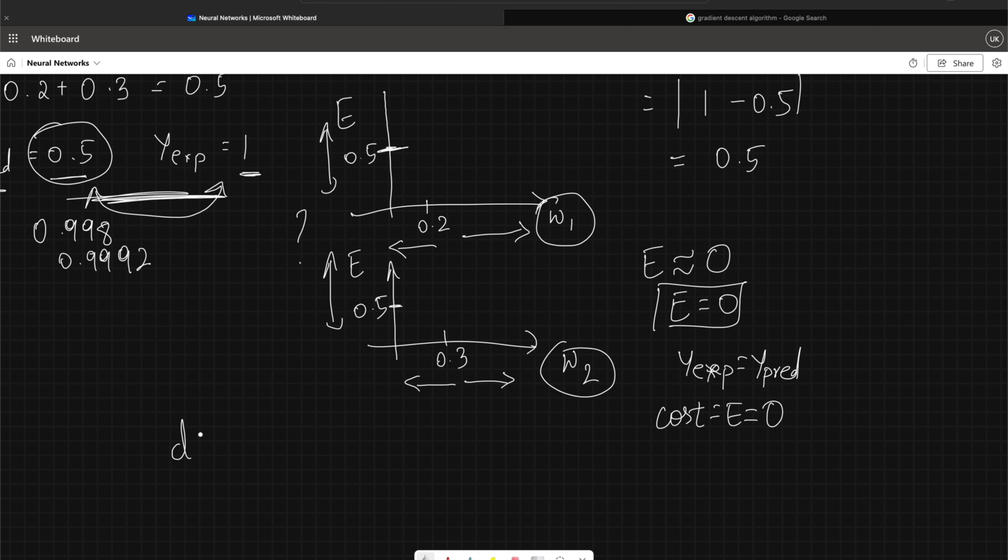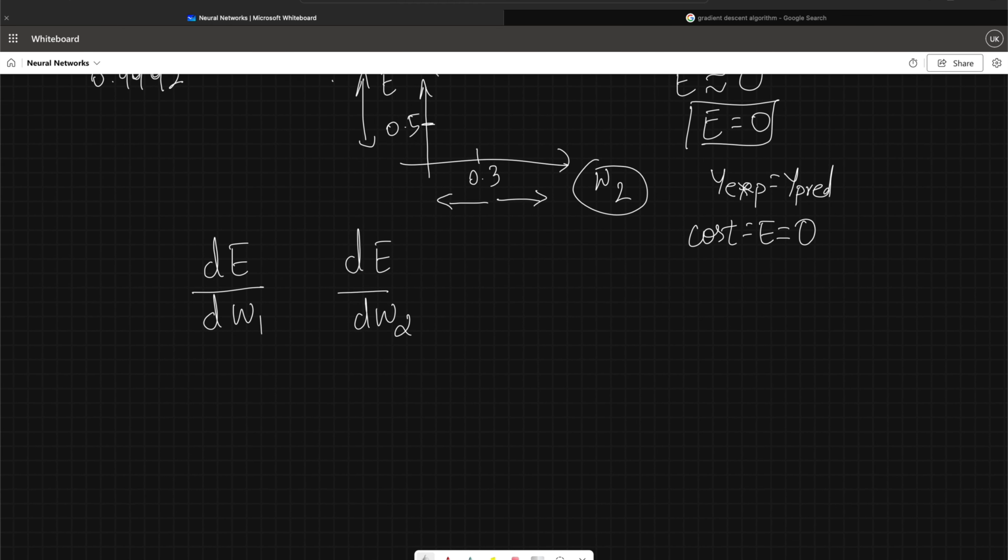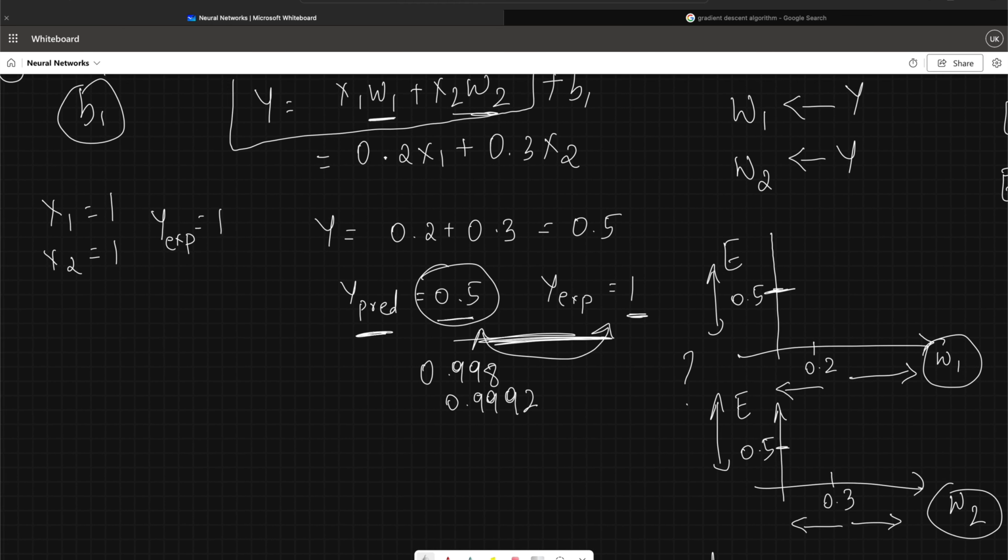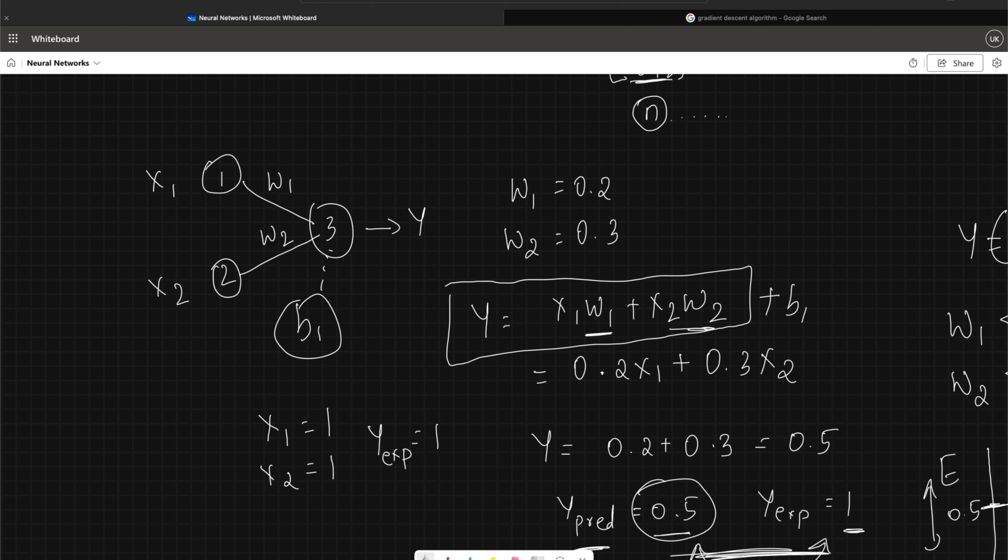So in order to see that, we have to see how E is dependent on W1, and at the same time how E is dependent on W2. We'll see why we are doing differentiation in a while. Now before that, if we look at the neural architecture, let me just call the nodes N1, N2 and N3, because we can't keep it as numbers all the time.